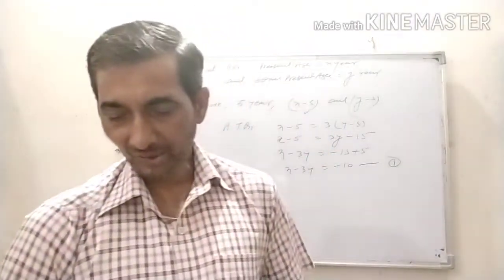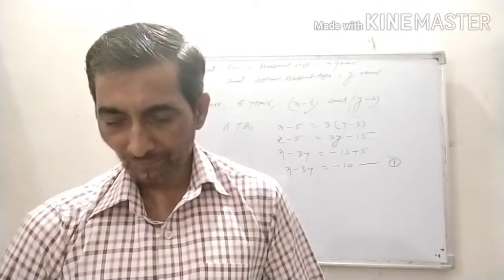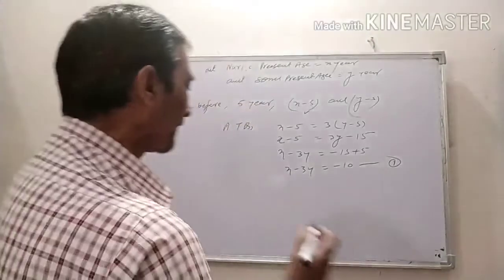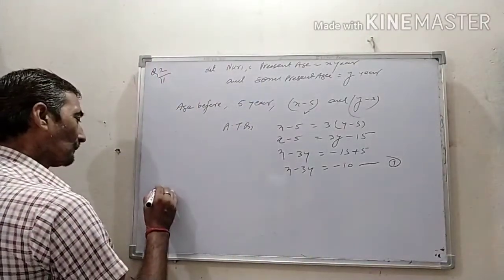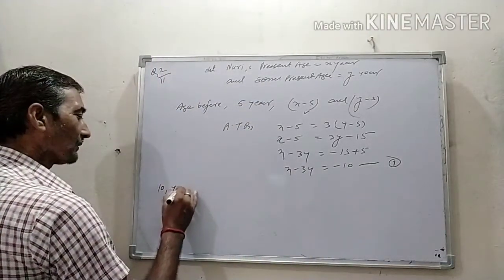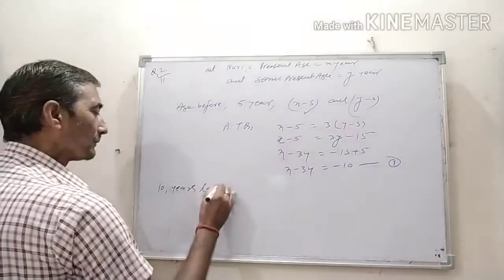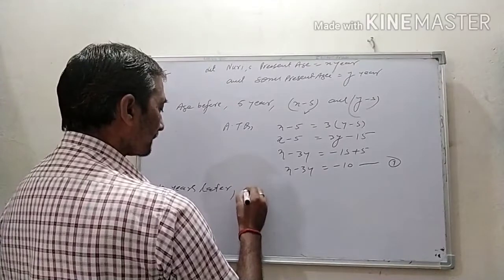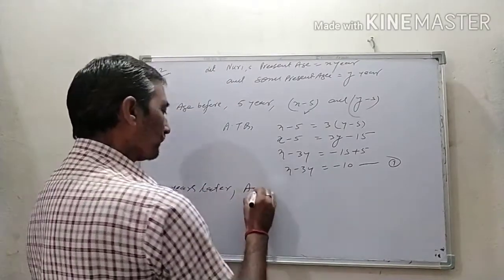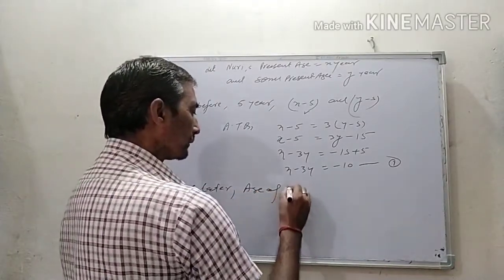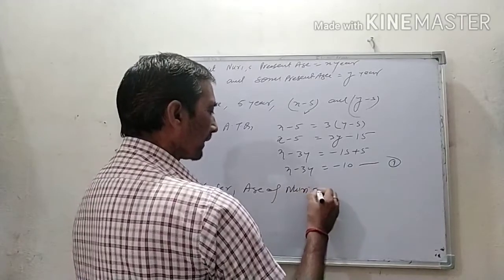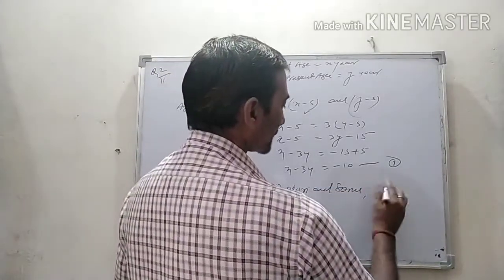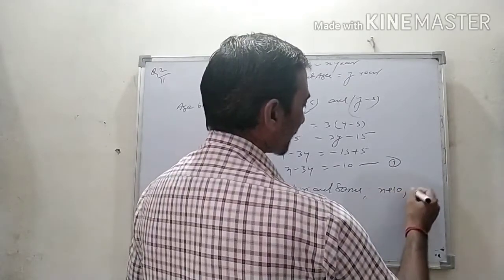Second, 10 years later, Noori will be twice as old as Sonu. The ages of Noori and Sonu 10 years later are X plus 10 and Y plus 10.